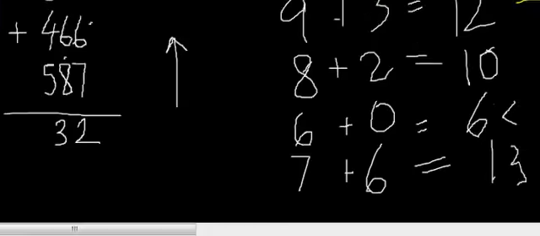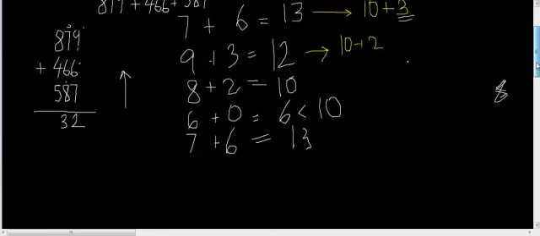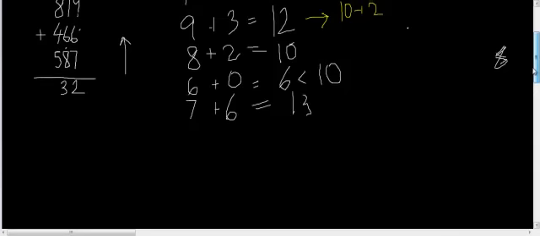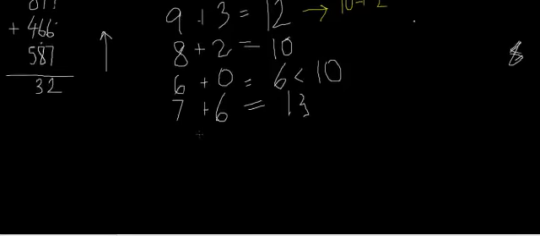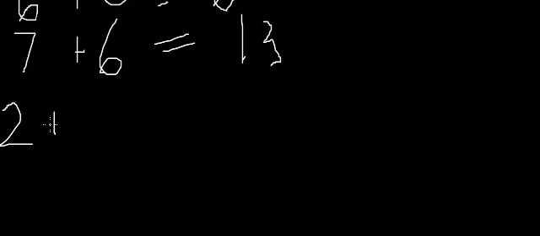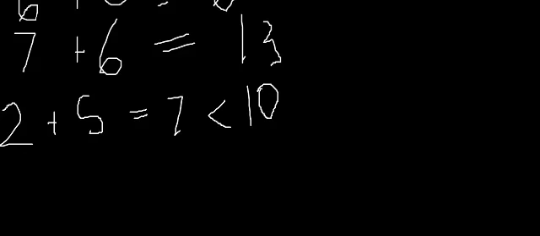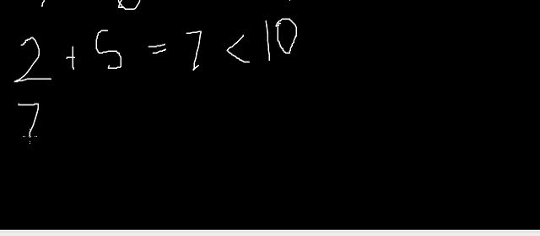Let me just clear up some space here. Let me just scroll down maybe. Yeah, just a little bit. Okay. We add this 2 to the 5. So 2 plus 5 is equal to 7. And that's also lesser than 10, so there's no need to put a dot over it. And we just add the 7 to 4. 7 plus 4, which is equal to 11.